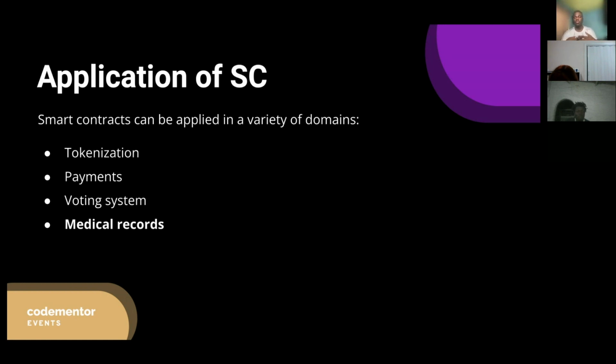There are cases where confidential medical records are being leaked and accessed by those with unauthorized privileges. So with smart contracts on the blockchain, it can be easier to secure these medical records and make them immutable. They cannot be accessed without proper control, and they are secure as well.